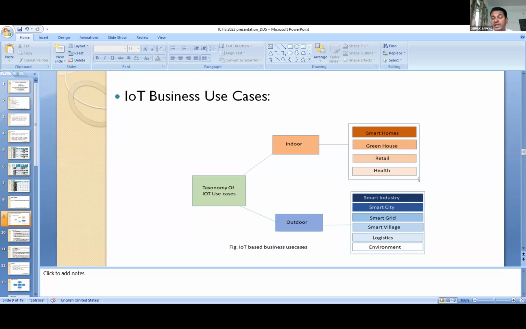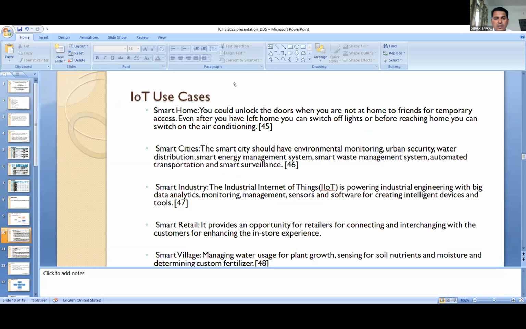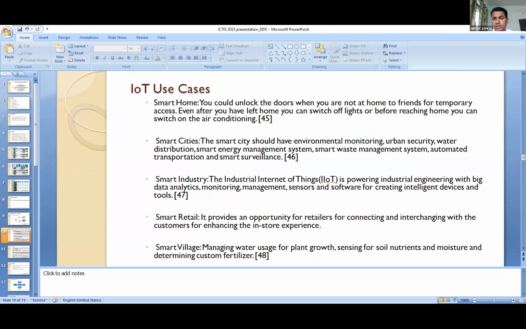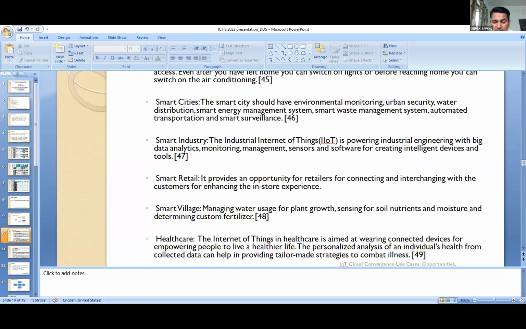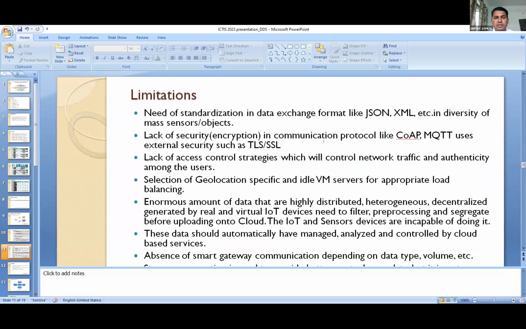And by studying those many applications and considering those previous papers, I'll not discuss this IoT use case thoroughly right now, because I need to explain the other aspects which I found by studying these many use cases. So these are the limitations I found by studying all those papers.